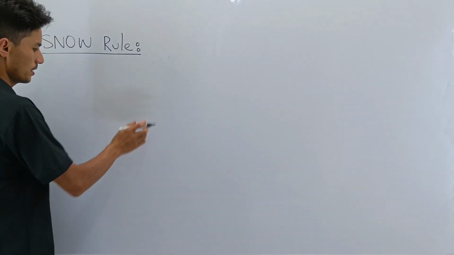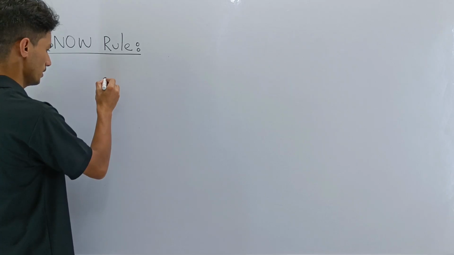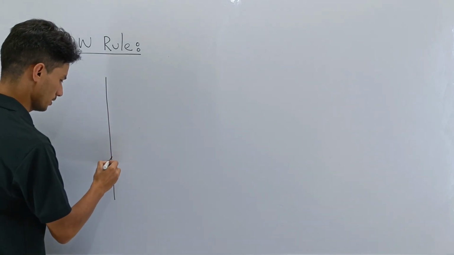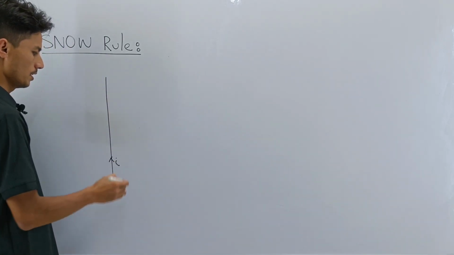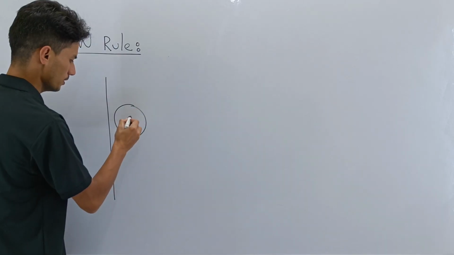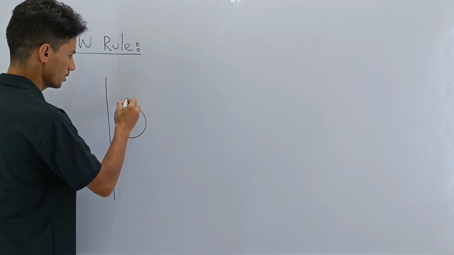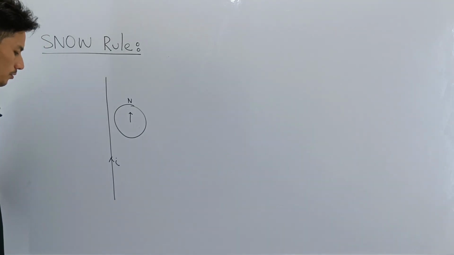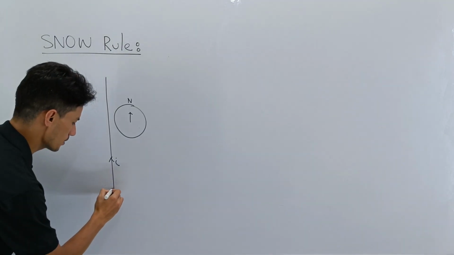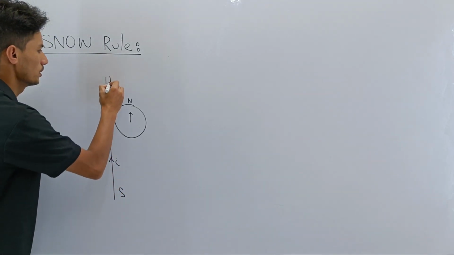So let's learn this. Let me draw a wire here. This is the wire and current is flowing upwards, and here I have the magnetic needle. Currently it's pointing towards north. Now let's say current is flowing from south to north.